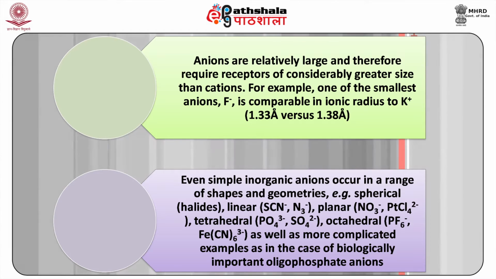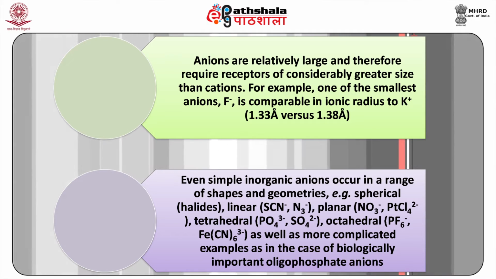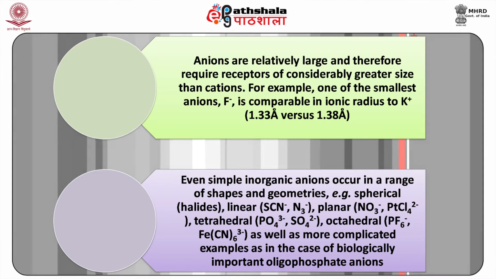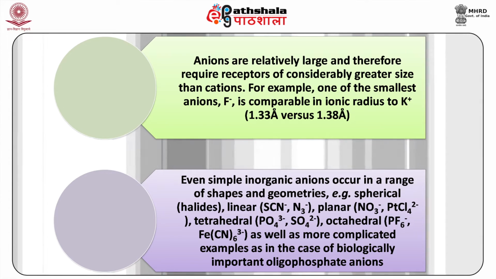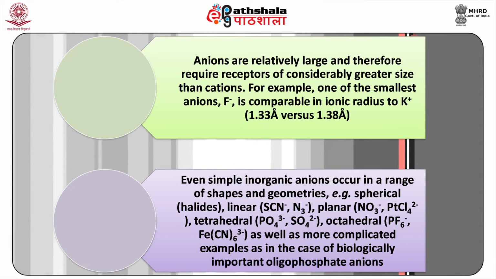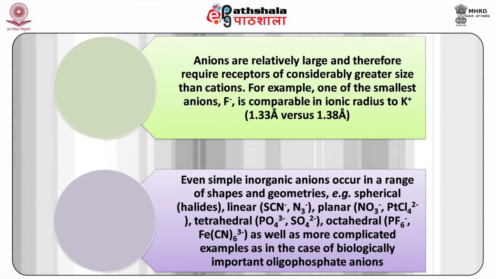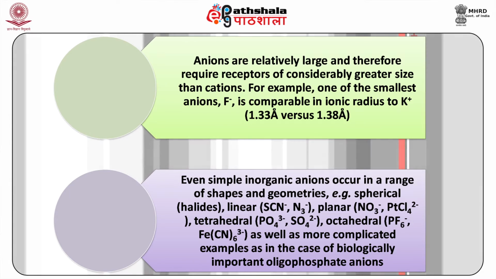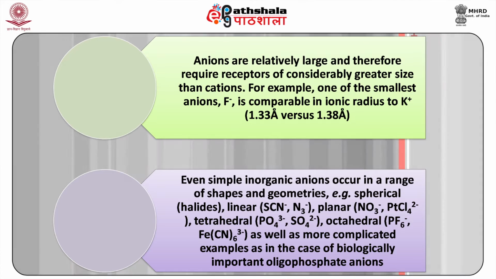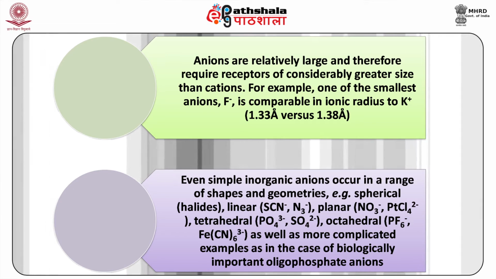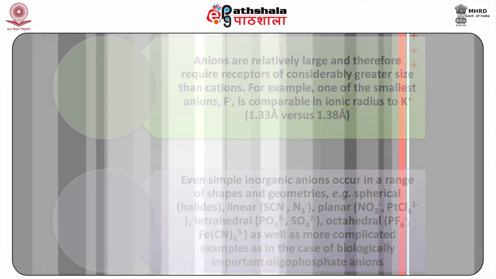Even simple inorganic anions occur in a range of shapes and geometries. For example, spherical halides, linear SCN-, that is thiocyanate, and the azide ions, planar nitrate anions and PtCl4 2-, that is the tetrachloroplatinum salt, and the tetrahedral phosphate and sulfate anions, octahedral hexafluorophosphate ions, that is PF6-, and Fe(CN)6 3-, as well as more complicated examples as in the case of biologically important oligophosphate anions.